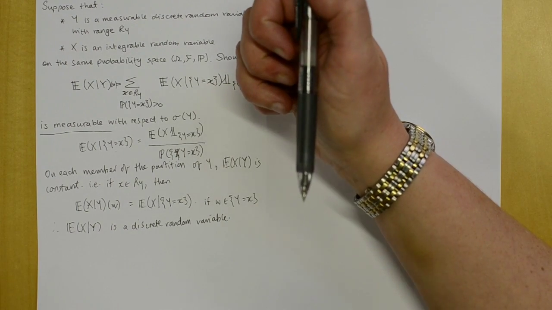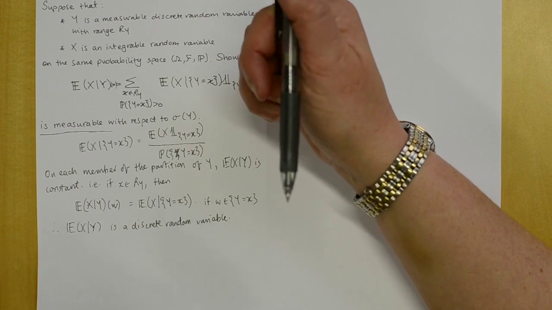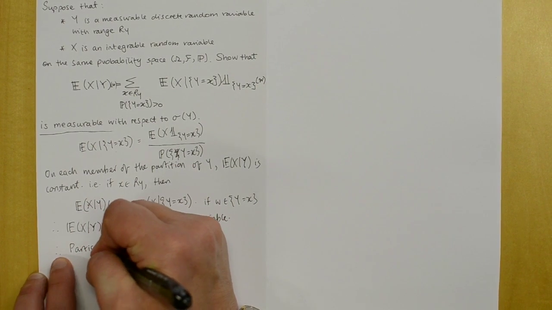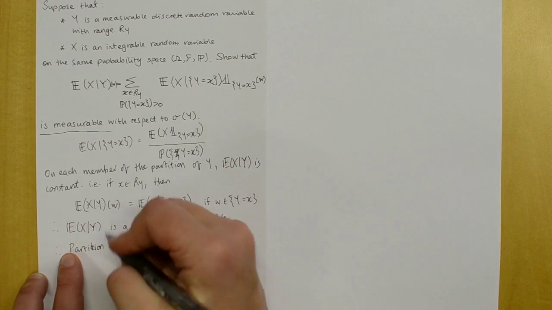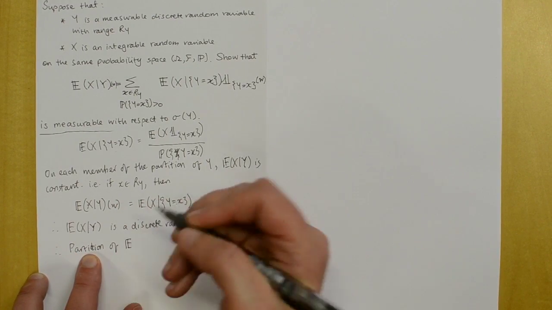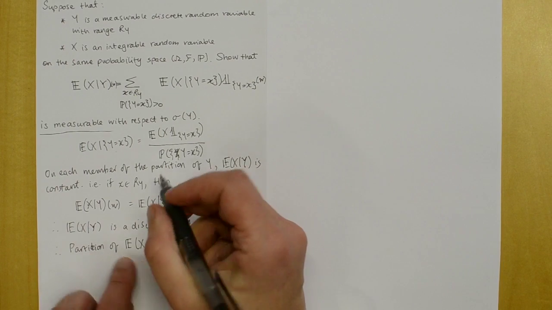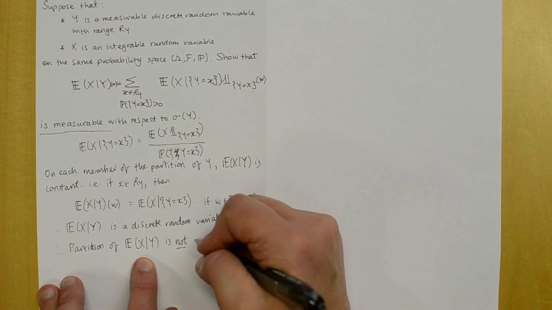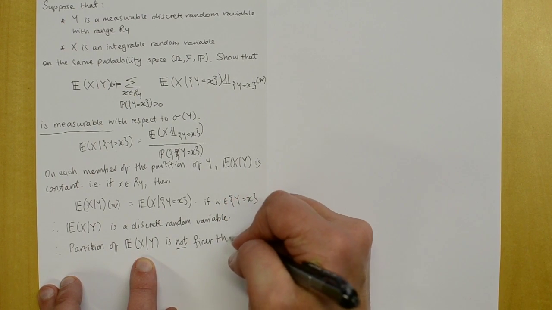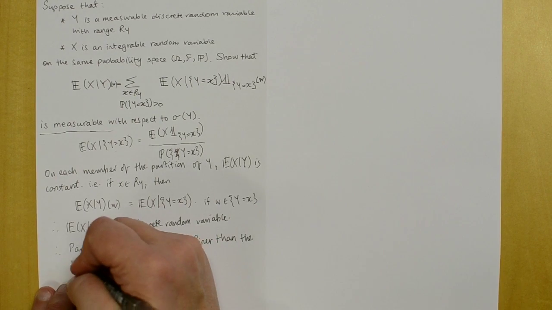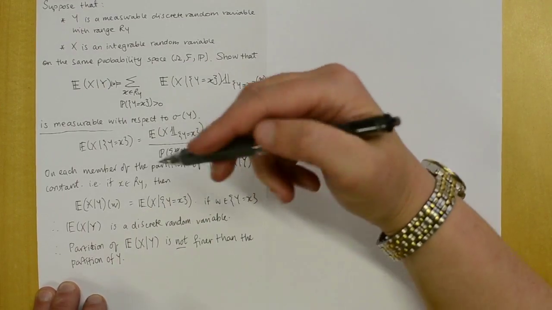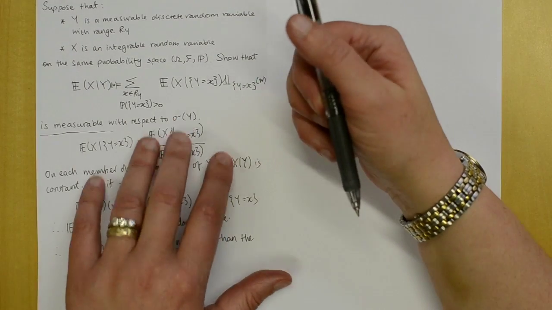And remember, the elements of the partition of y are exactly those sets on which y itself is constant. So the partition of the expected value of x given y is not finer than the partition of y. Okay, so this is what we can see by just writing down the definition.